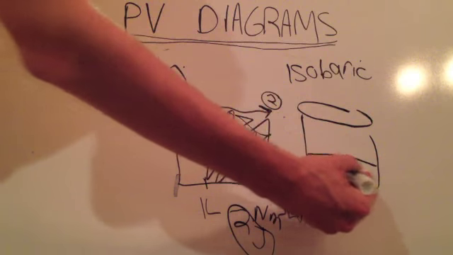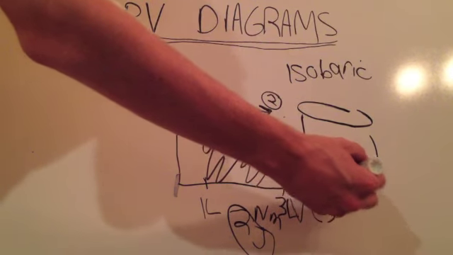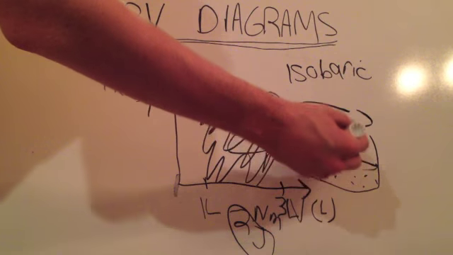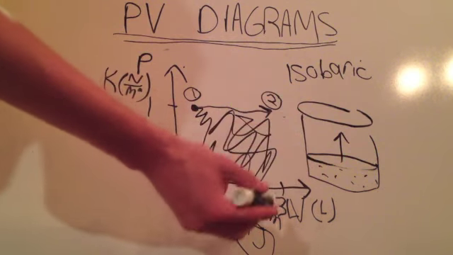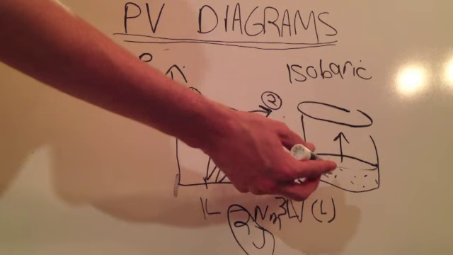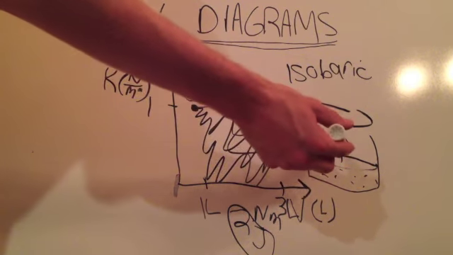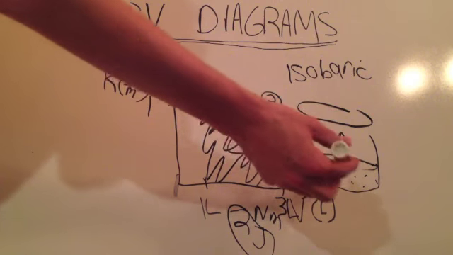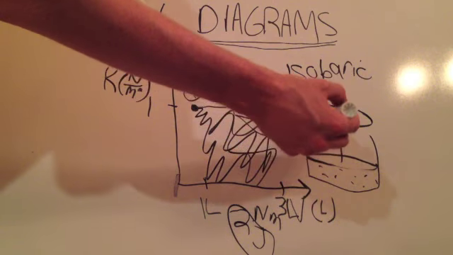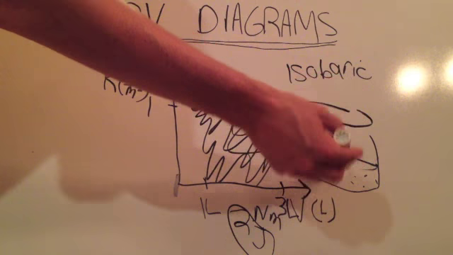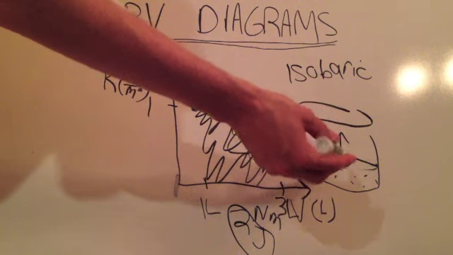It started out as 1 liter of gas here, and then it expanded to 3 liters, keeping the same pressure. So actually the work was kind of negative if you want to think about it like that, because the gas is actually working the piston.